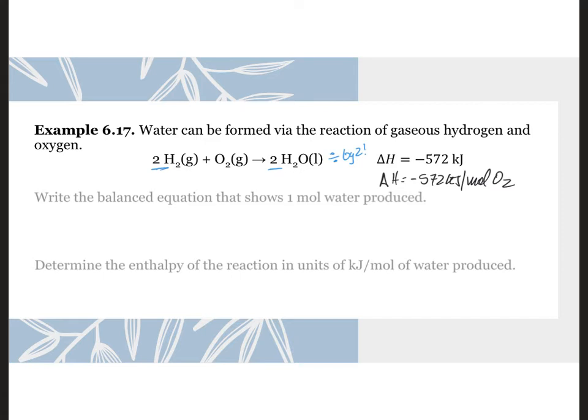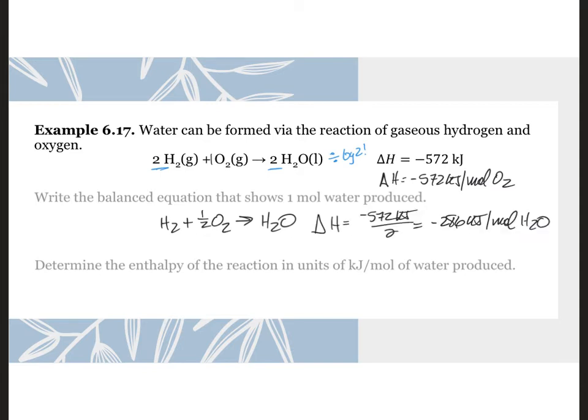To accomplish this, we divide the coefficients by 2, giving us H2 plus 1/2 mole O2 yields 1 mole of H2O. Enthalpy is an extensive property, meaning it depends on the amount of substance present. So if we use fewer reactants, less heat will be produced. We adjust for this by dividing the enthalpy value by 2 as well.